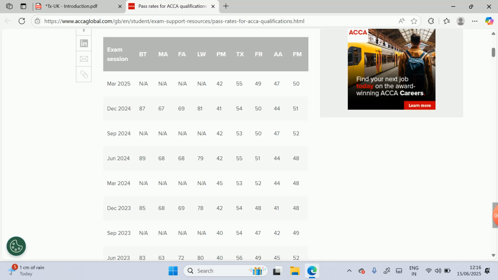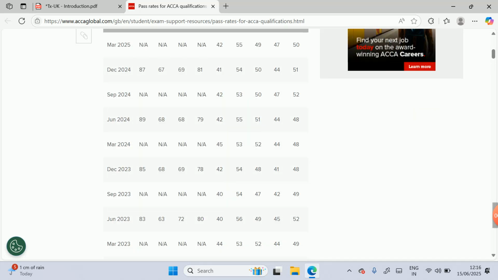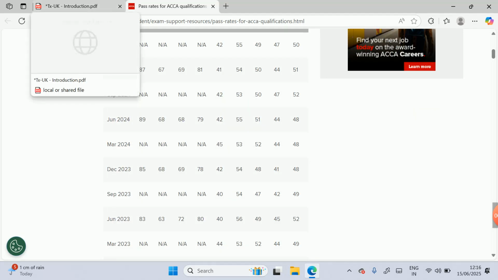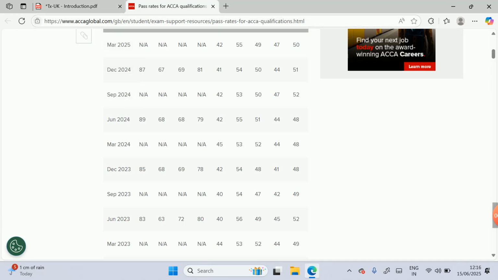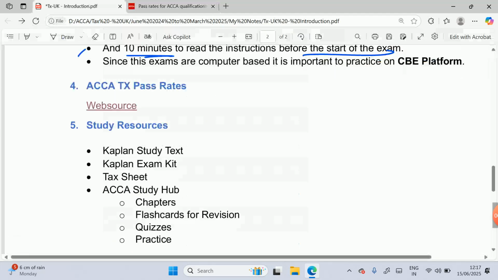Anyone, PM, TX, FR, AA, FM, the highest is usually your tax. This has been the pattern recently, that due to its applicability and its practical approach, tax is having comparatively higher and better pass rates, I would say.